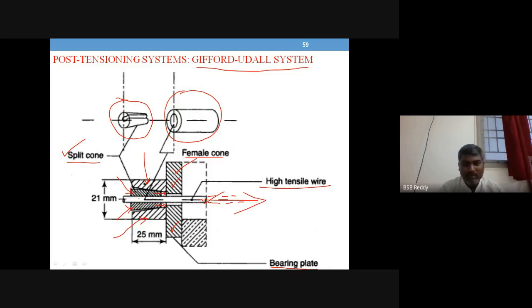Once the tensioning operation starts by application of the hydraulic jack, you apply the force on this tendon. This tendon is gripped by the split cone, and the split cone in turn grips the female cone, which is resting against this bearing plate. That is how the tensioning operation works, and only one wire can be tensioned at a time.